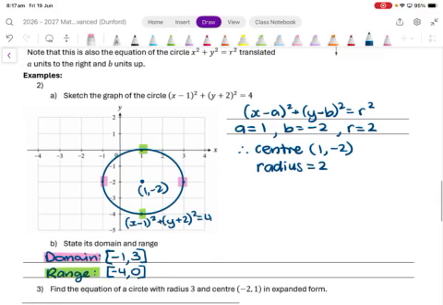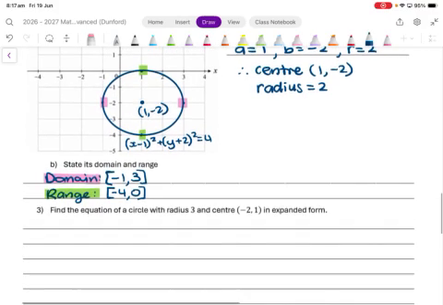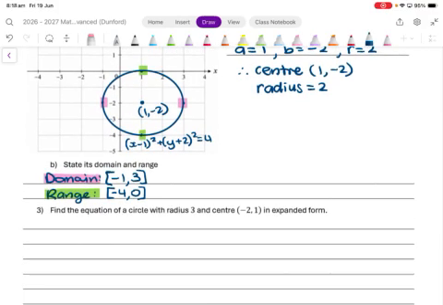Moving on to our next example. Our next example is about finding the equation of a circle with radius 3 and centre (minus 2, 1) in expanded form. So what we have is that formula that is on our reference sheet, (x minus a) all squared plus (y minus b) all squared equals r squared.